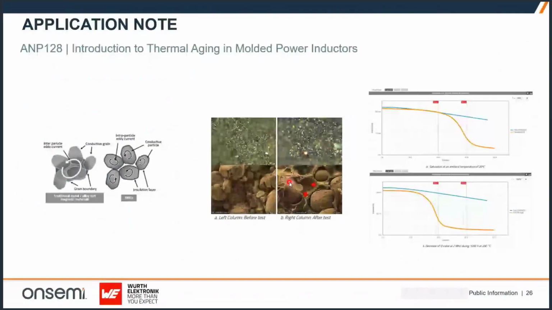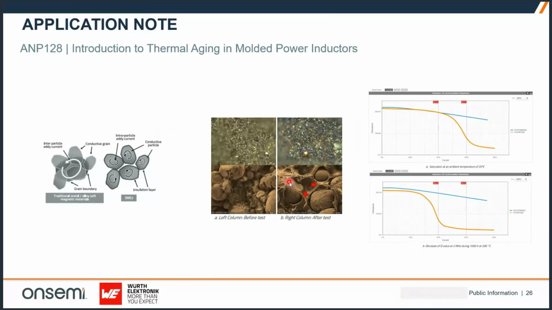One more aspect when talking about automotive applications, that we always need to have reliable components that work perfectly over the whole lifetime or life cycle of this part. So another important aspect is the thermal aging for molded power inductors.